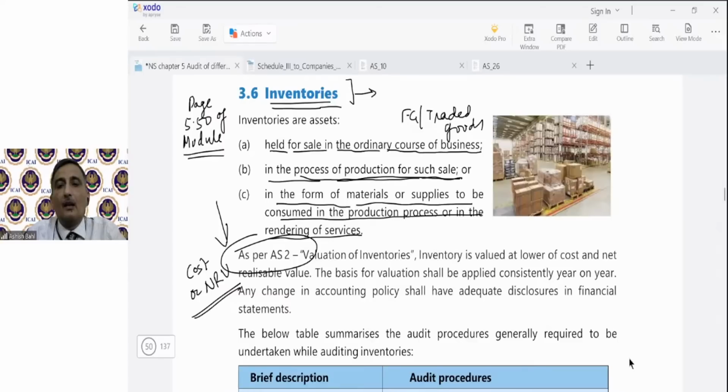This basis for valuation shall be applied consistently year to year.